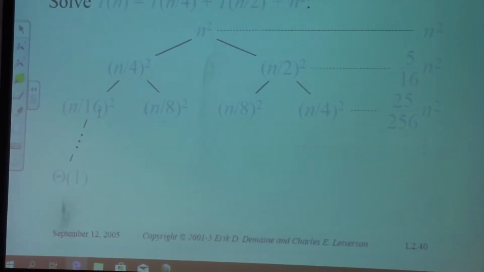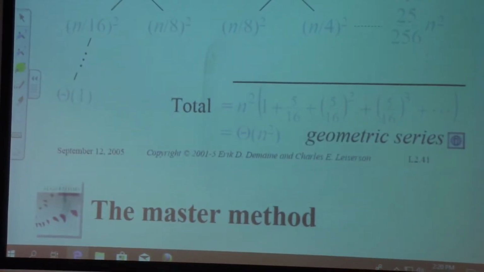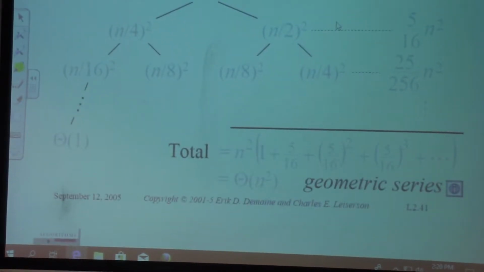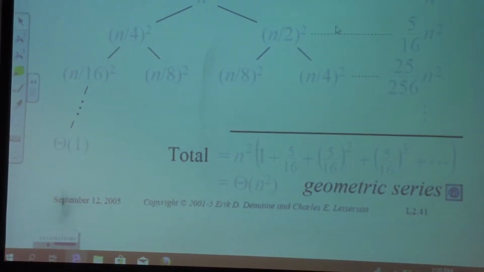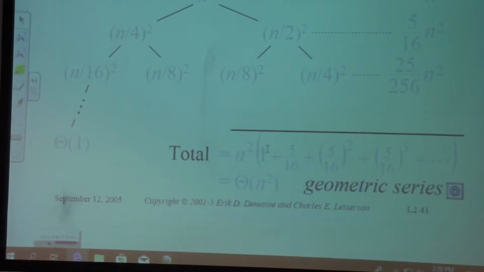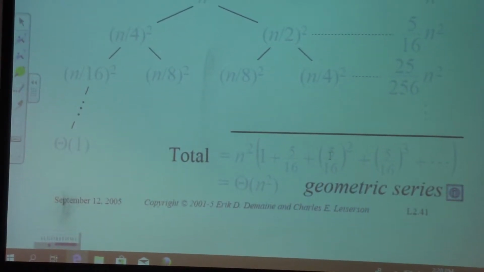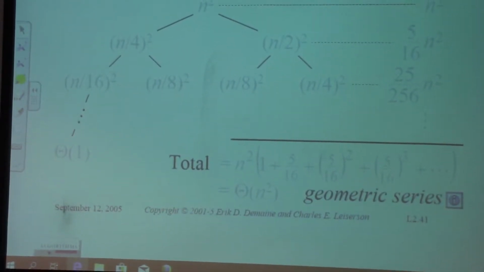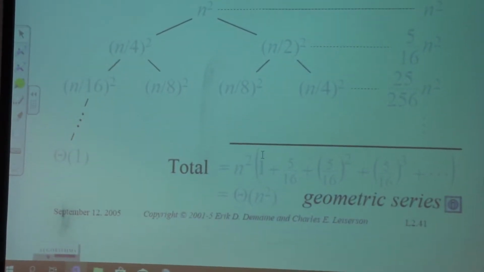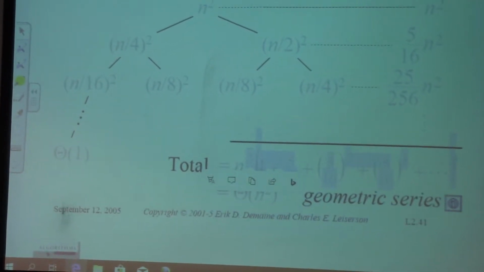Then the next level is 25 upon 256 n square. We add these to find the time complexity. n square is common, and the rest is a geometric progression.